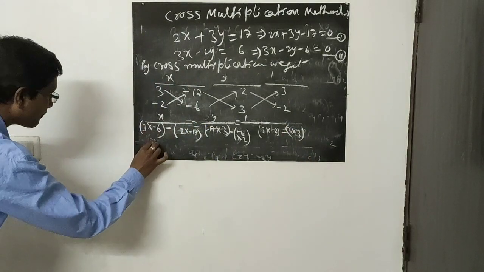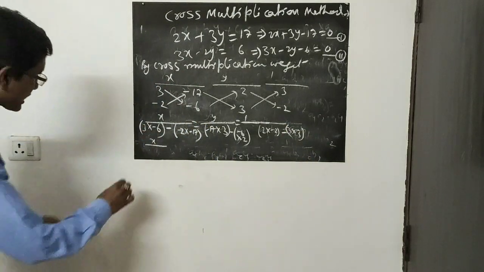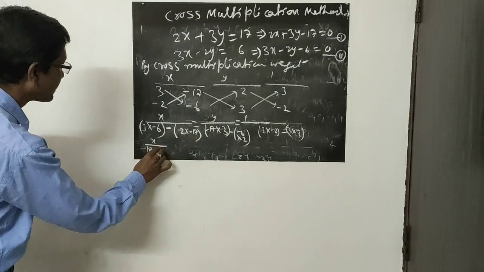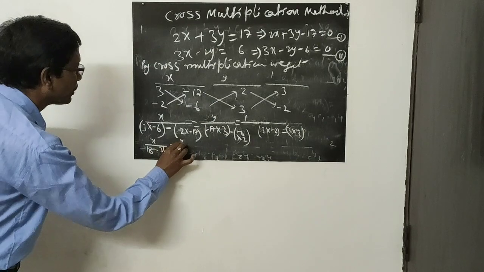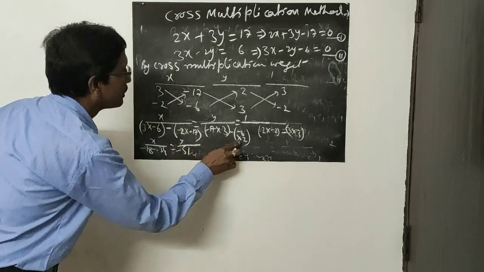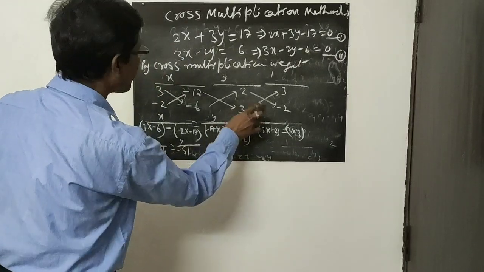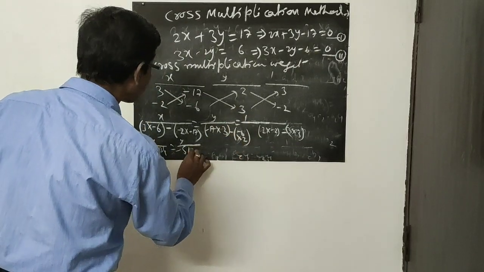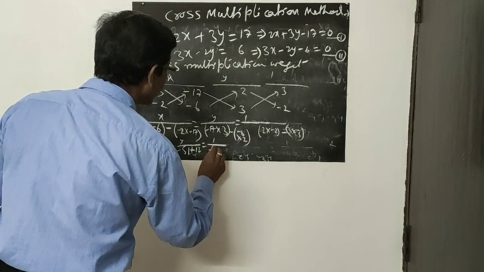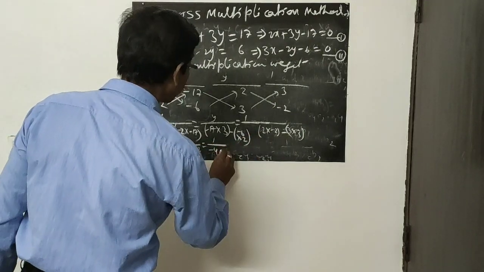So ultimately it comes to x by minus 18 plus 34, that is 34 minus 18; y by minus 51 minus 12, that is minus 6 into 2 is minus 12; and 1 by minus 4 minus 9.